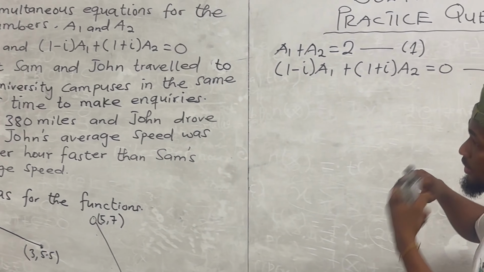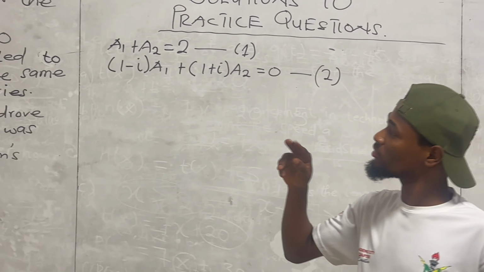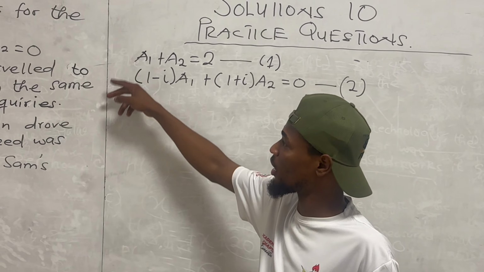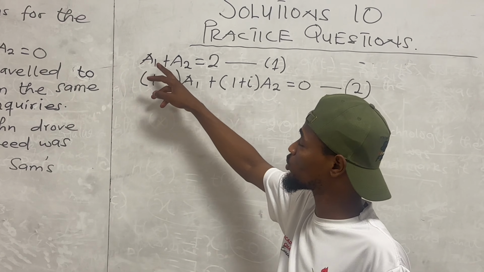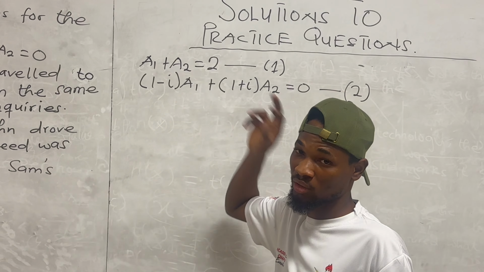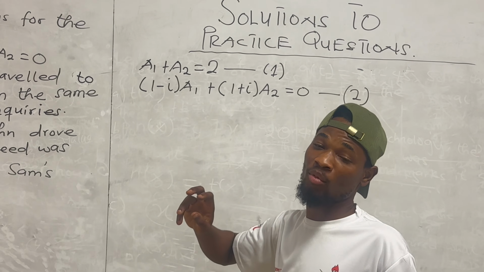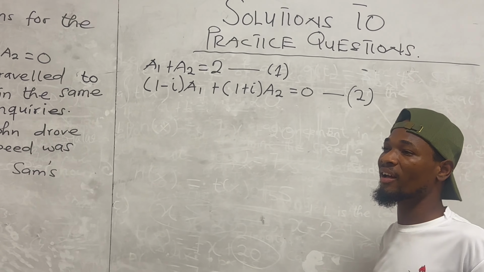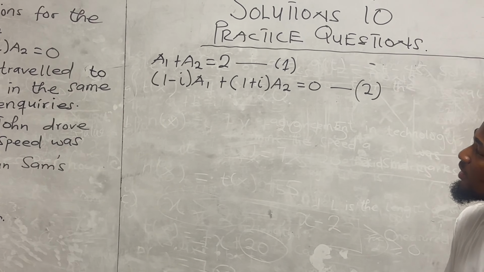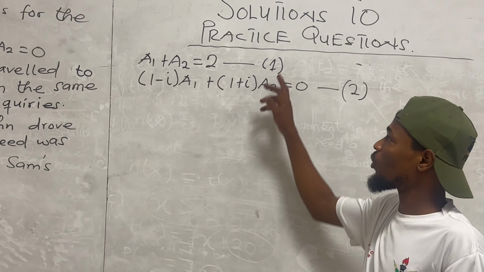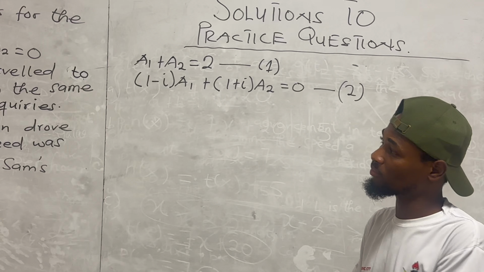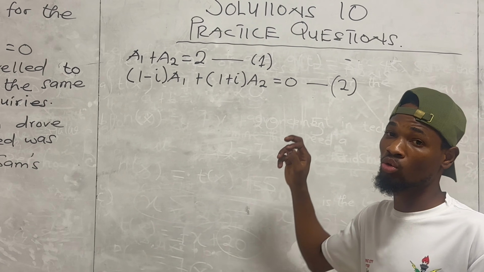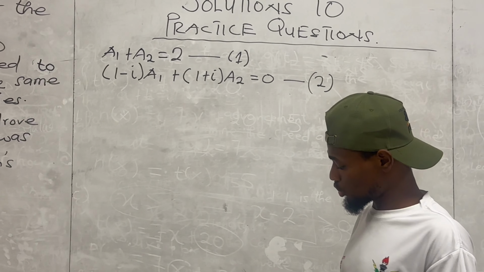Since it involves two equations and we are supposed to solve for a1 and a2, it calls for simultaneous equations. So let 1 represent my first equation and let the second equation be equation 2.